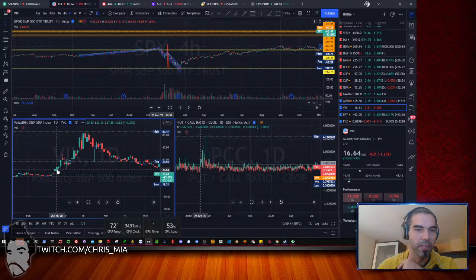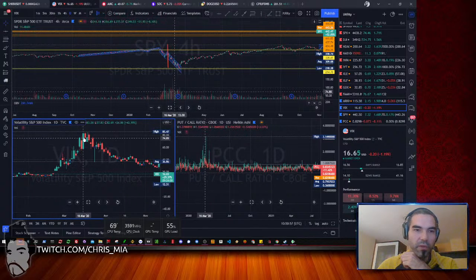This one actually gapped up to 21 and then increased further to 24. So a gap up on the VIX plus a positive candle after that gap up is pretty red flaggy. The continuation was of course really bad.